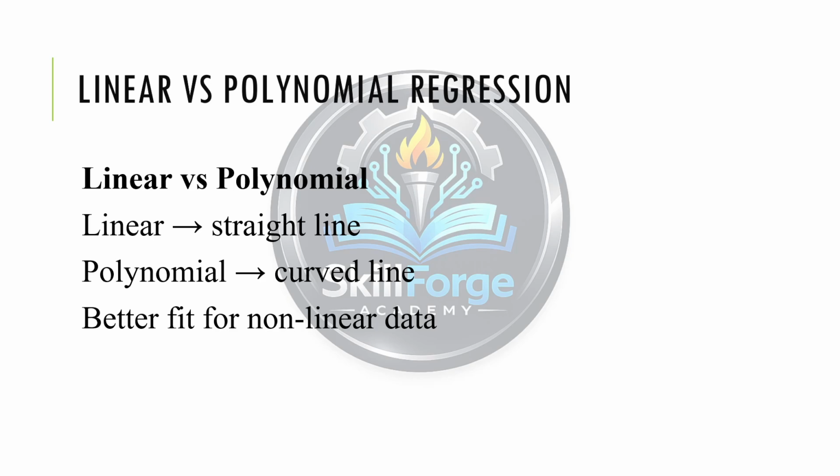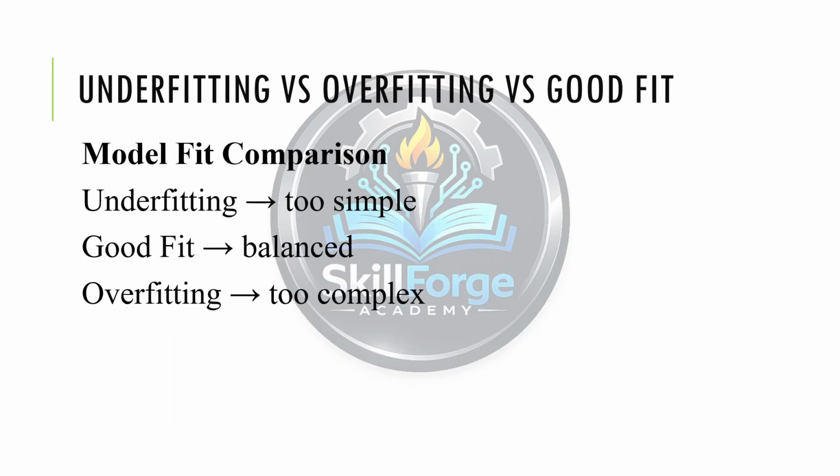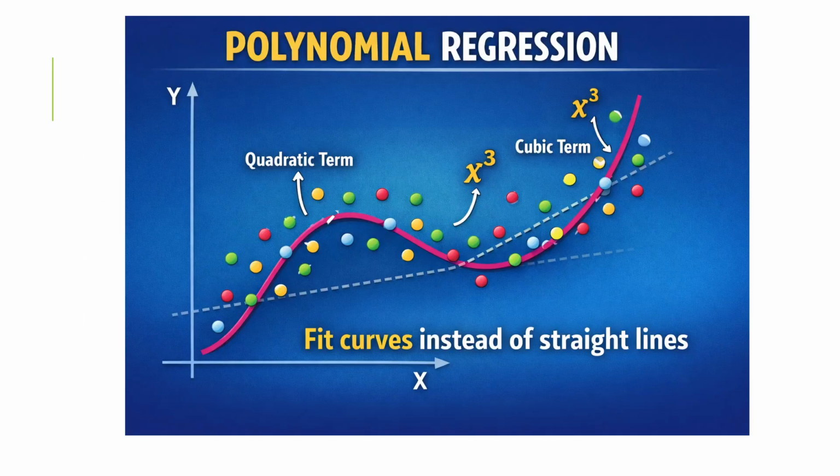Now let's compare linear and polynomial regression. In linear regression, the model fits a straight line to the data, but sometimes the data follows a curved pattern. In such cases, a straight line cannot capture the relationship properly. Polynomial regression, on the other hand, fits a curve which can follow the data more closely.